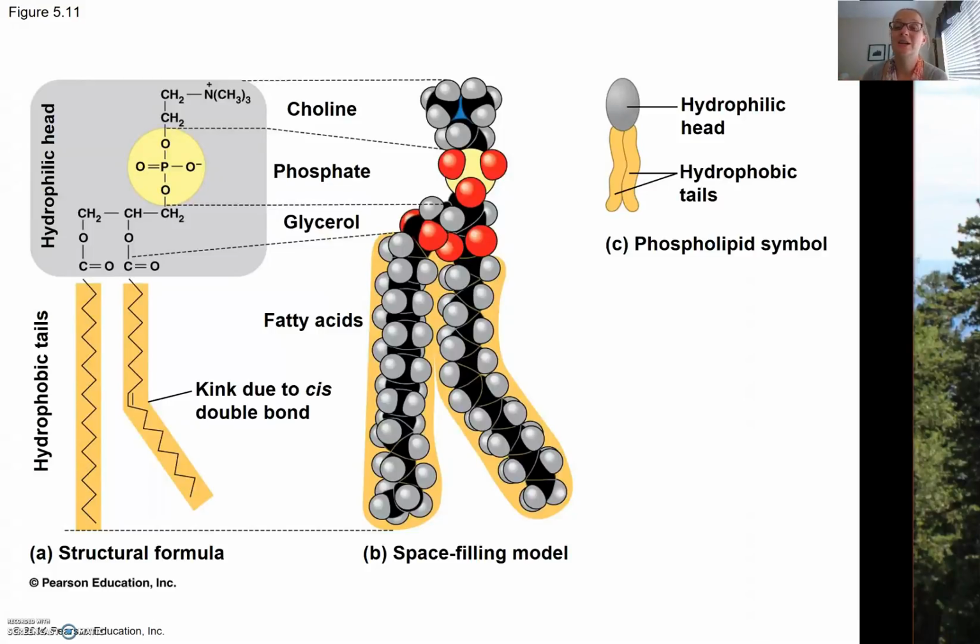So we call that the hydrophilic head. Now down here below are going to be the hydrophobic or primarily hydrocarbon tails of the fatty acids, and that's going to be the hydrophobic component of the phospholipid. So again, if we take a look at our little phospholipid symbol here, the gray is the hydrophilic head, likes to be with water, and the bottom portion here are the two hydrophobic tails that are afraid of water and don't want anything to do with it.